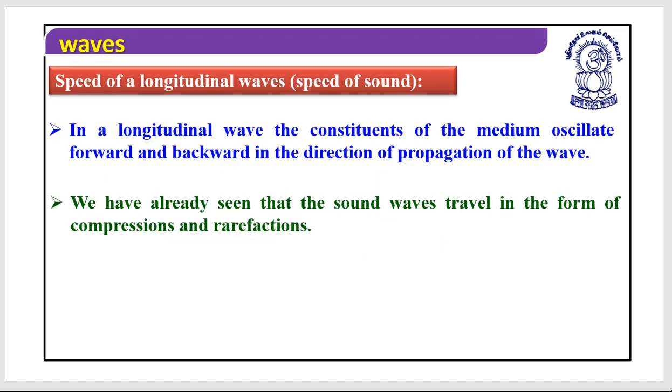Now it's the speed of longitudinal waves, or basically the speed of sound waves. In a longitudinal wave, the constituents of the medium oscillate forward and backward in the direction of propagation of the wave, and we have seen in lecture 01 that a sound wave travels in the form of compressions and rarefactions.